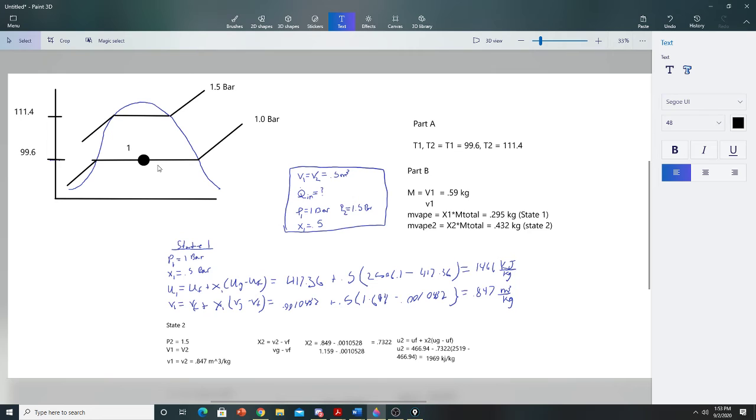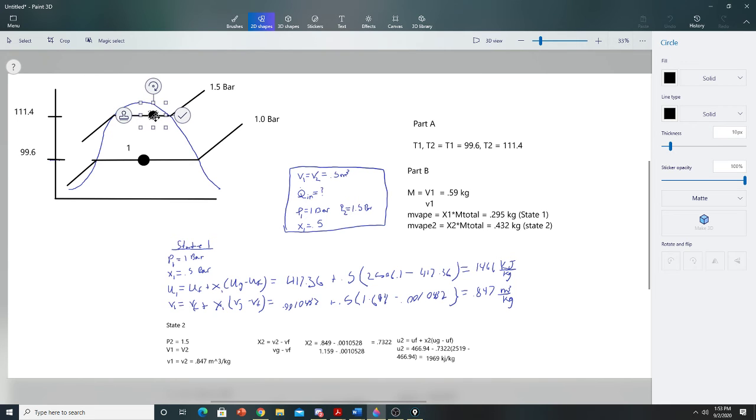We are about 50% through the thing, right? Because remember, our quality is 50% for state 1. About 50% through. Now what ends up happening is that we go straight up, essentially. Would you guys agree? Essentially, we go onto another pressure line. We get a bunch of energy and end up going up, right? So I'm going to put that somewhere here.